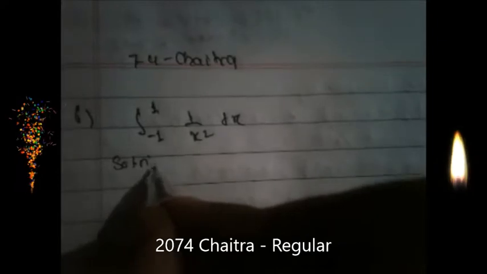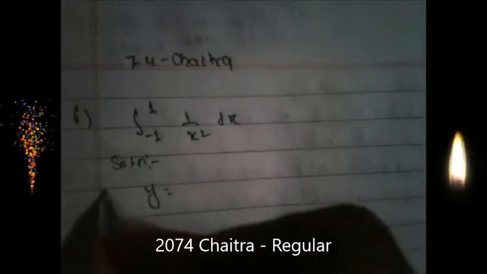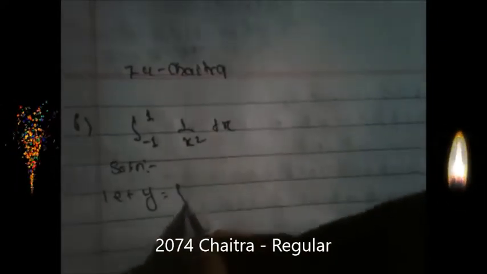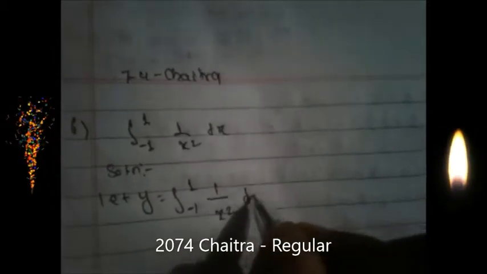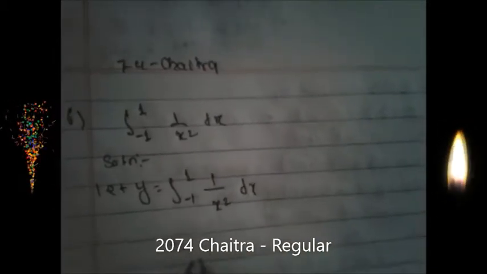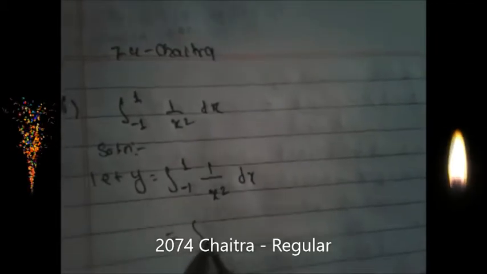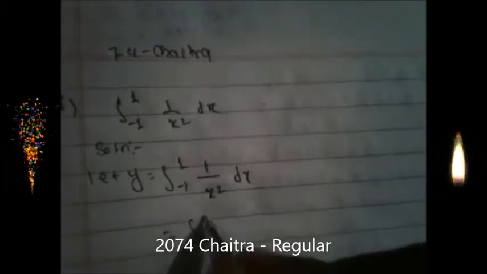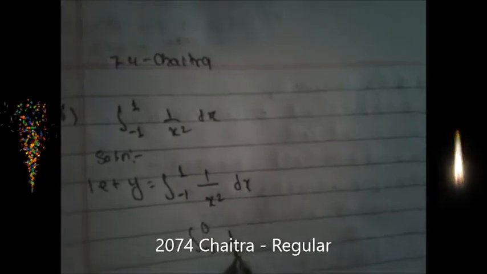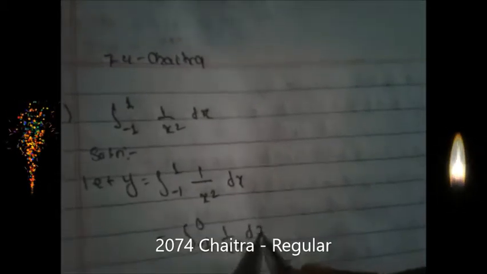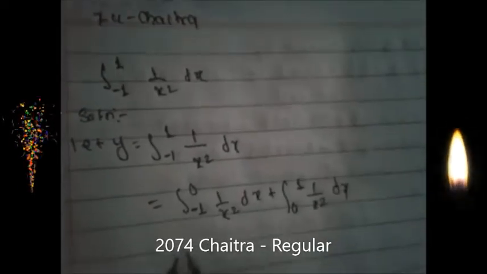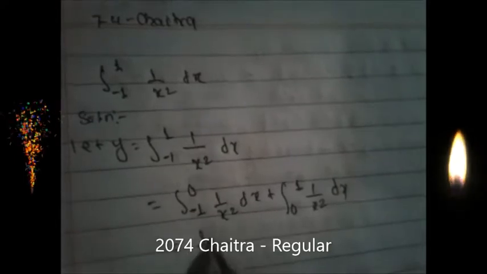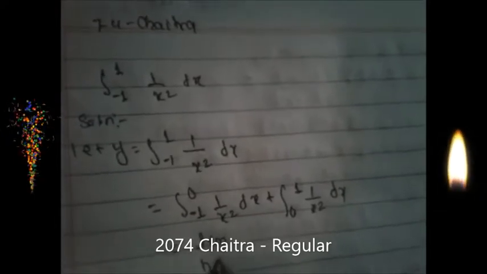Solution: let y be equal to the integration from -1 to 1 of 1 upon x square dx, which is equal to, first we split it, the integral from -1 to 0 of 1 upon x square dx plus the integral from 0 to 1 of 1 upon x square dx, which is equal to limit h tends to 0.